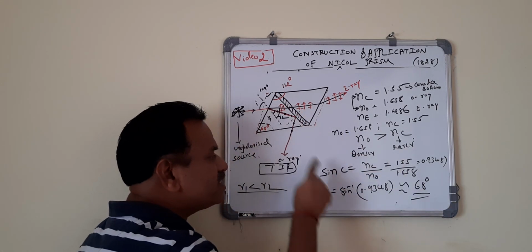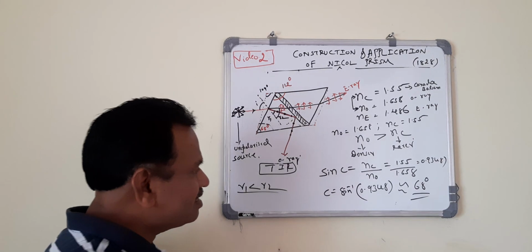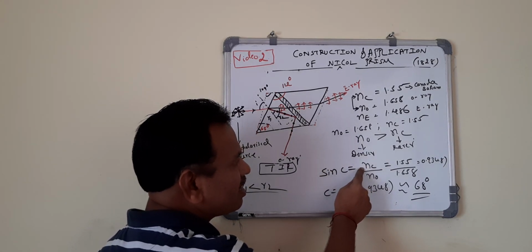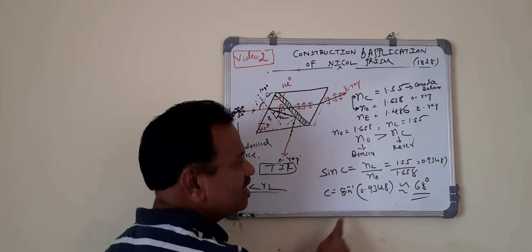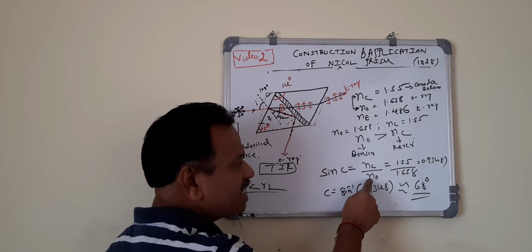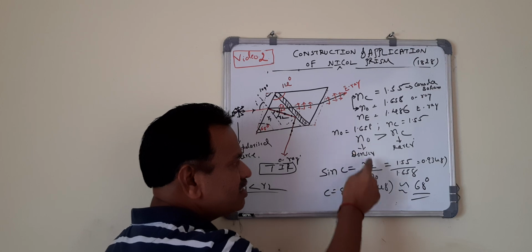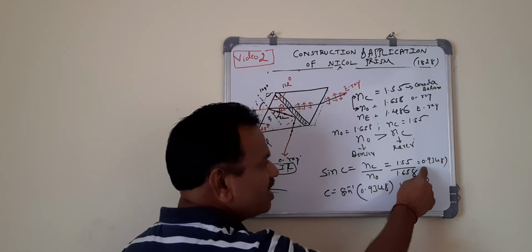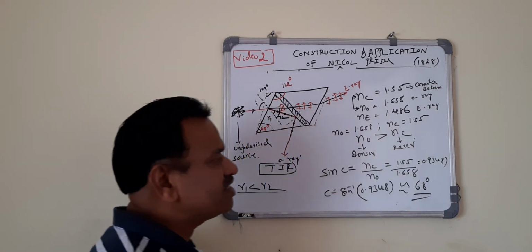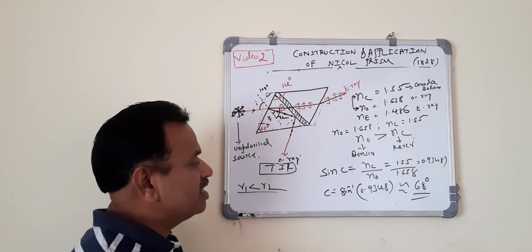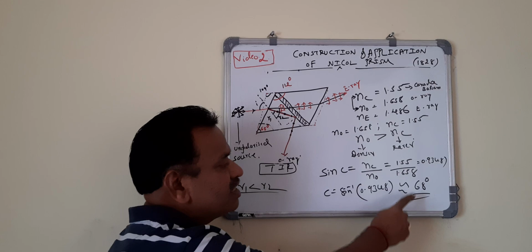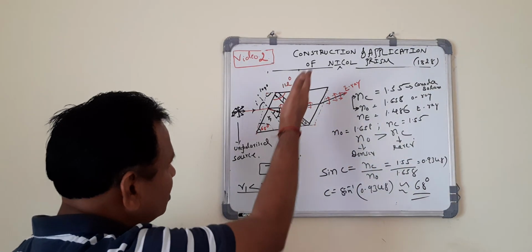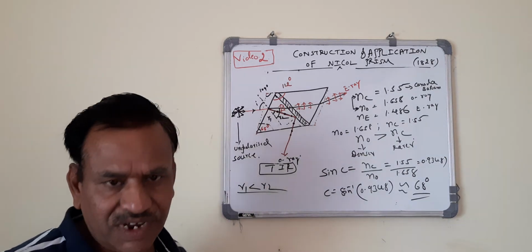Using the definition of the critical angle, sin C equals the refractive index of the rarer medium, NC, divided by the refractive index of the denser medium, NO. 1.55 divided by 1.658 is very close to 0.699348. Then C equals sine inverse of this, which comes to about 68 degrees. That's why he considered the Nicol prism in this fashion.